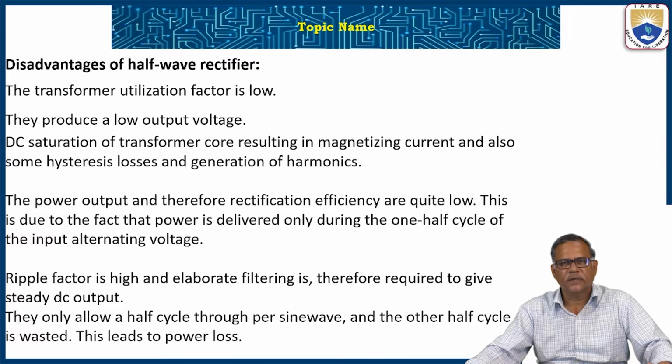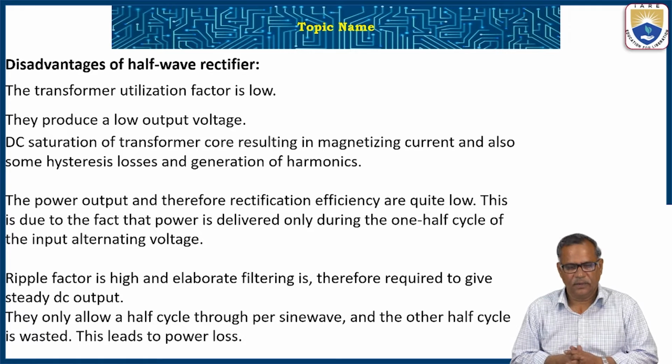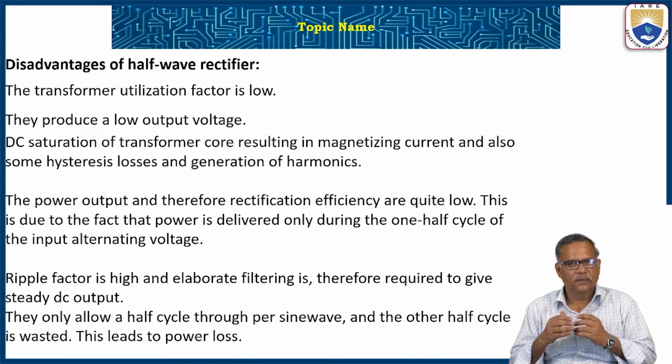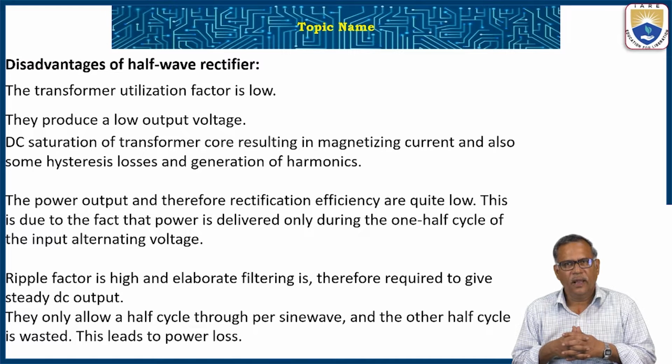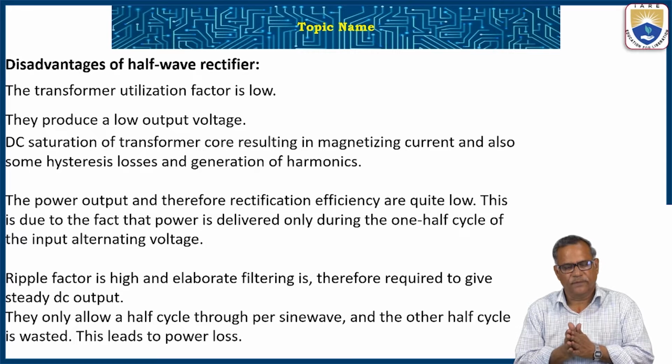The power output and rectification efficiency are also quite low, because power is delivered only during one half of the cycle, and the ripple factor is very high, so we require elaborate filtering to get a smooth DC output.